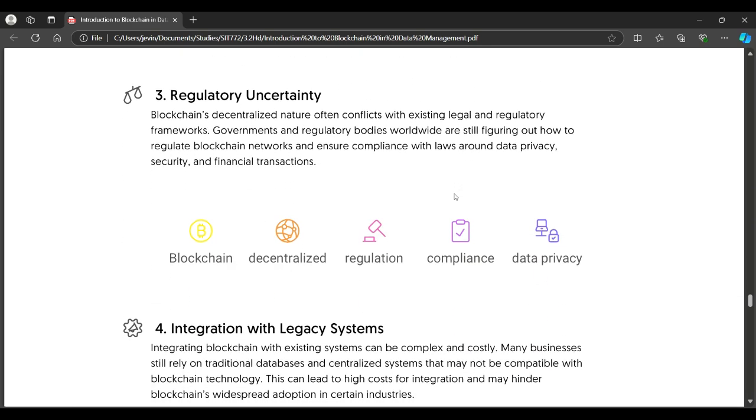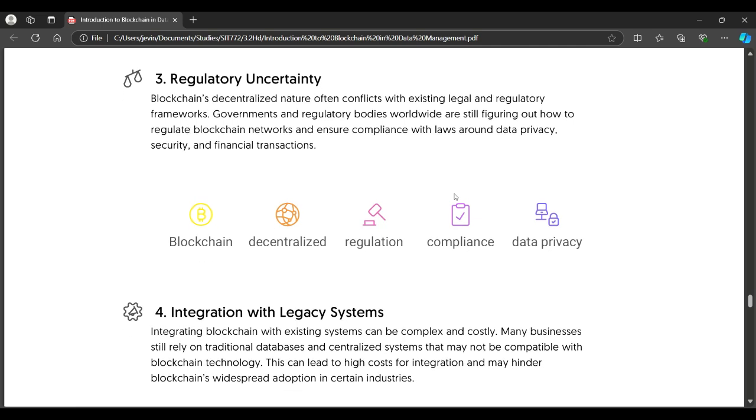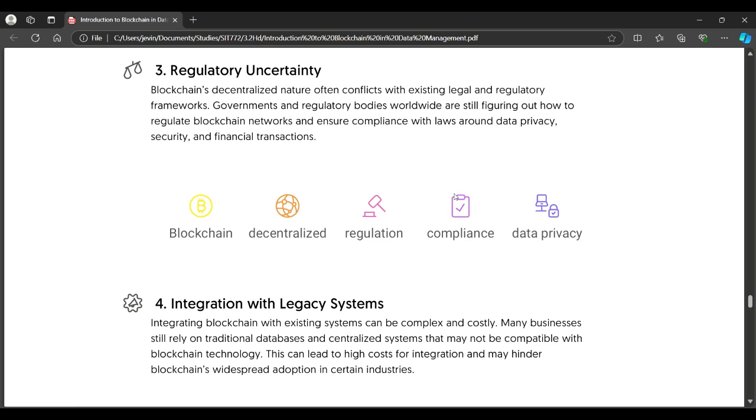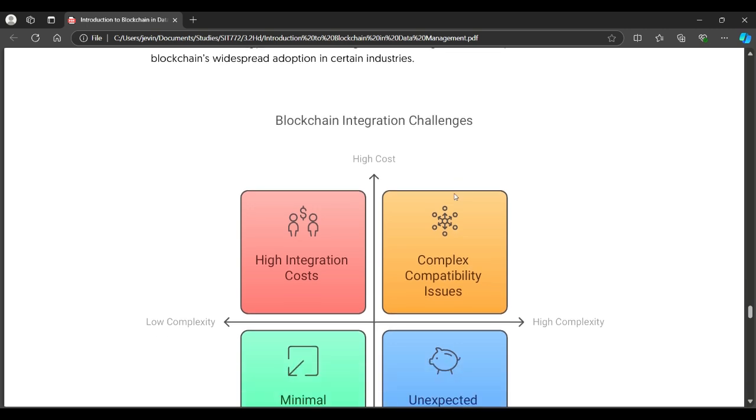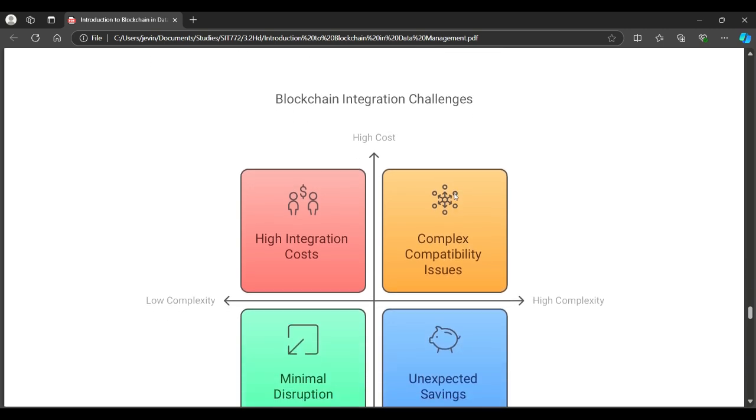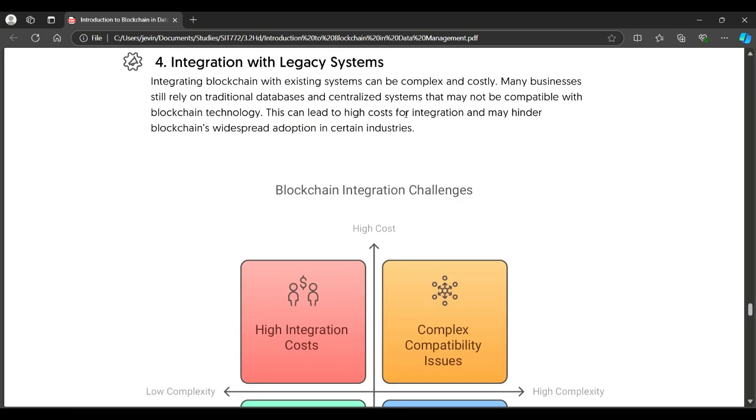Regulatory uncertainty, due to the conflicts with existing legal and regulatory frameworks by the government and regulatory bodies, sometimes blockchain and its data privacy can be affected. Integration with legacy systems is so much costly and complex.